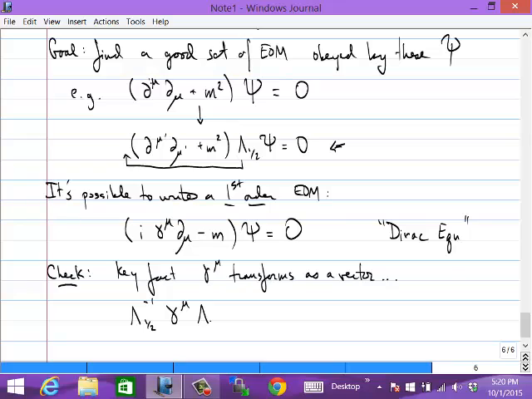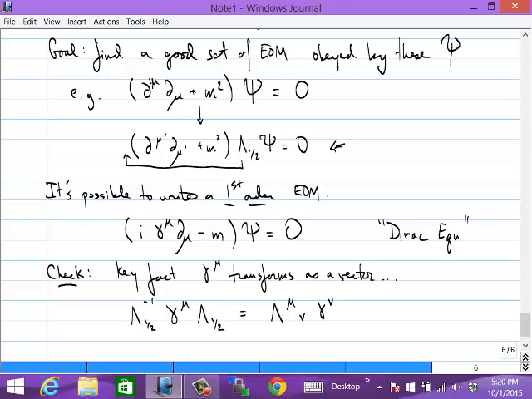And in particular, the claim, and this is something that is straightforward to verify, and you'll verify it infinitesimally on your problem set, is that if you conjugate your gamma^mu matrix by lambda to the 1/2, what do you get? You get lambda^mu_nu gamma^nu.